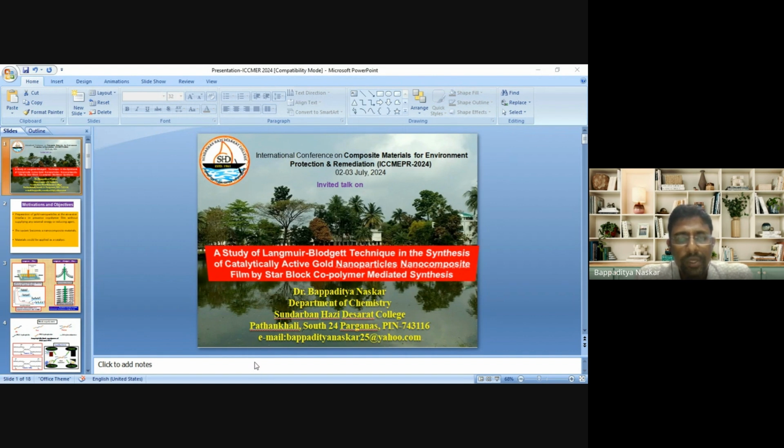Now, what type of arrangement is possible with compression of the barrier? Initially, when the compound is just spread on top of the surface, it is lying in this type of condition. Basically, this is a pancake conformation, because all the PEO and PPO groups are just lying on the surface of water in both polymers. But with increasing surface pressure, that is compression of the barrier, they try to come close to each other.